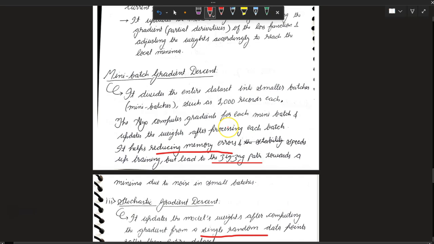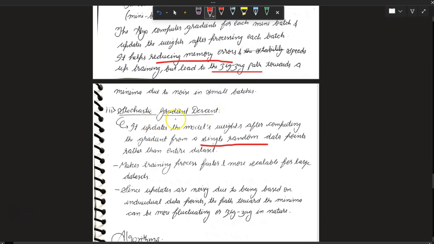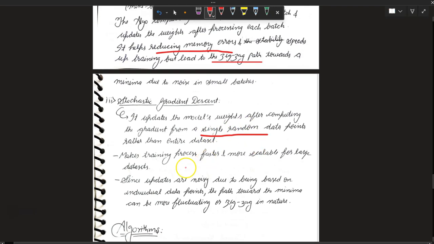One is dividing the data and the other is seeing all the data set. But stochastic gradient descent won't do this. It will update the model's weight as it iterates through the data set, making the training process faster, since it is updating weights in every iteration.